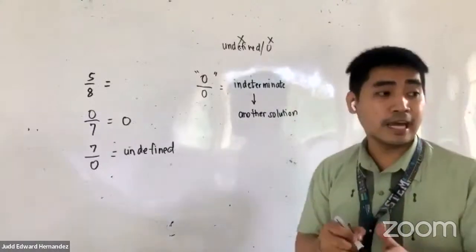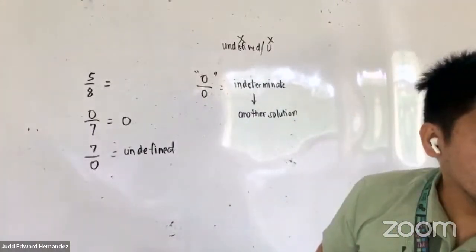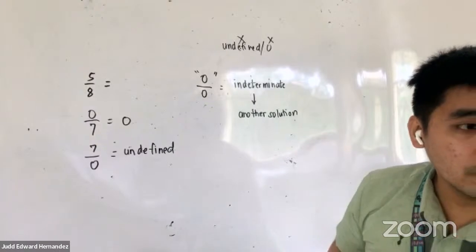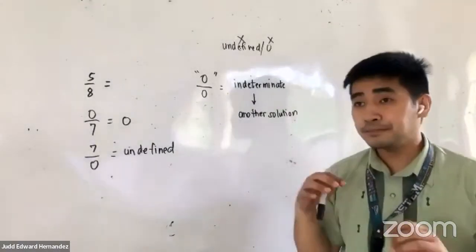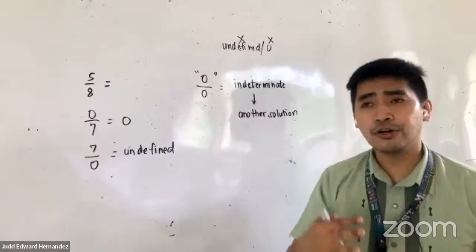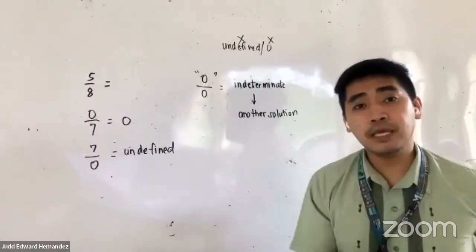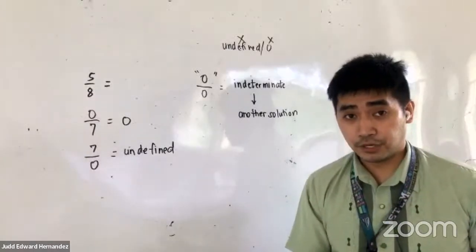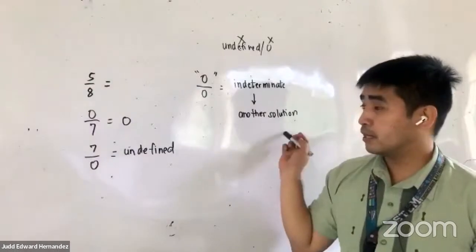Okay? Tatandaan natin, if the end result is 0 over 0, we need to look for another method so that we will be able to determine the end result of a given equation for limits. Ganun lang po yung gagawin natin.